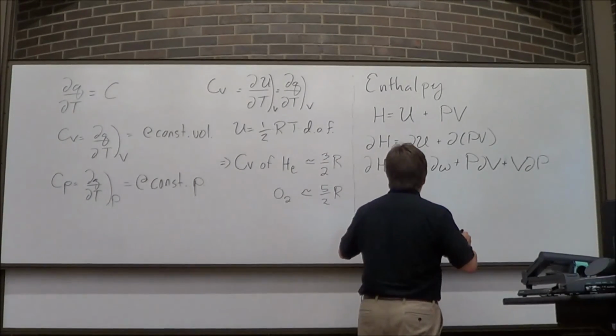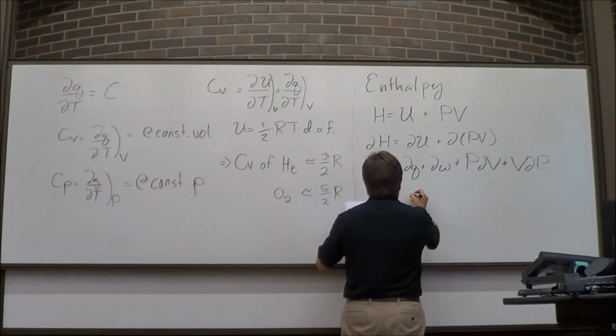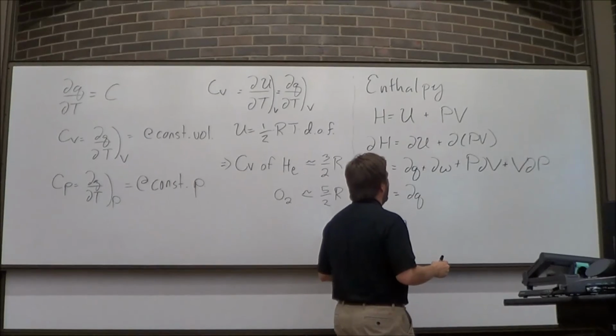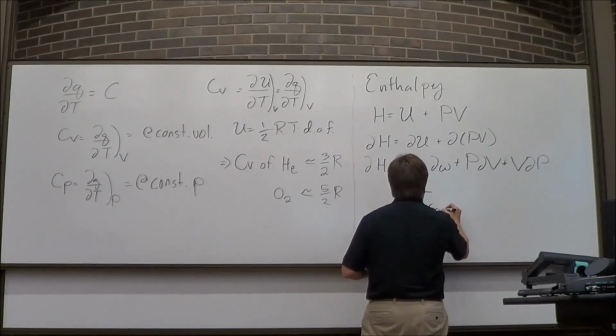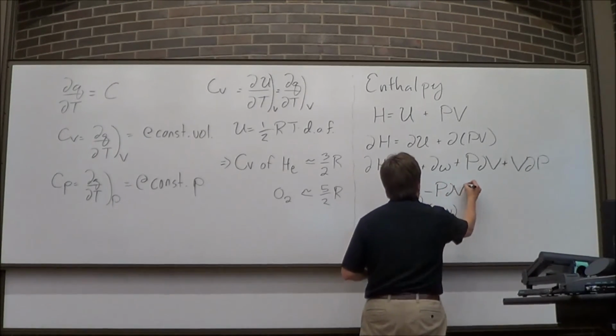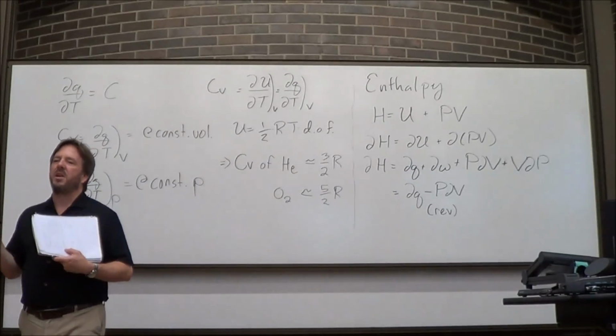All right, so I know that I've already defined work as, sorry, you know what? I'm going to have to make a stipulation. I'm going to have to say that I'm following the reversible path, because remember, work is minus exterior pressure times change in volume.